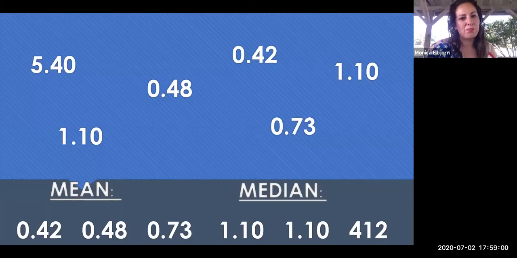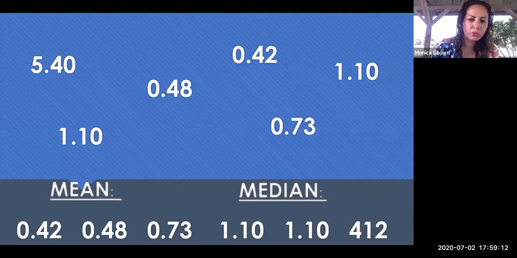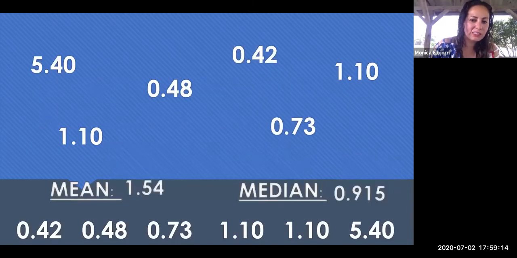That's why we have the median. So the median is still 915. You see that? Even if I change this 5.40 to 412, the median is still the same. The mean is the one that changed from 1.54 to 60.